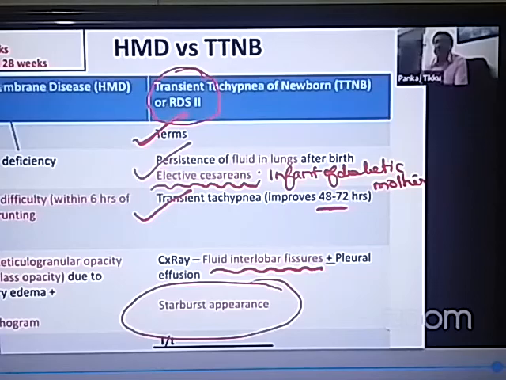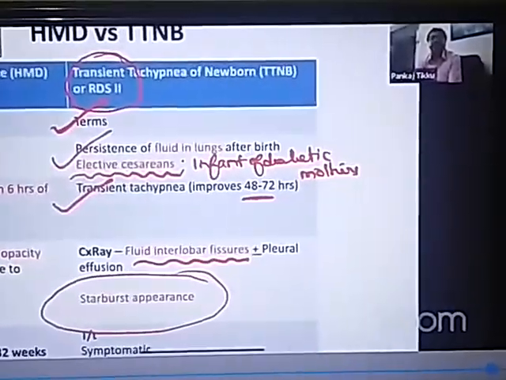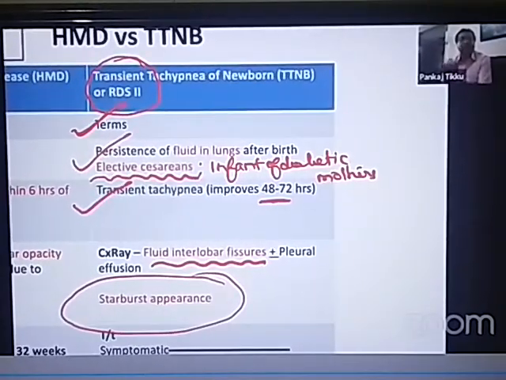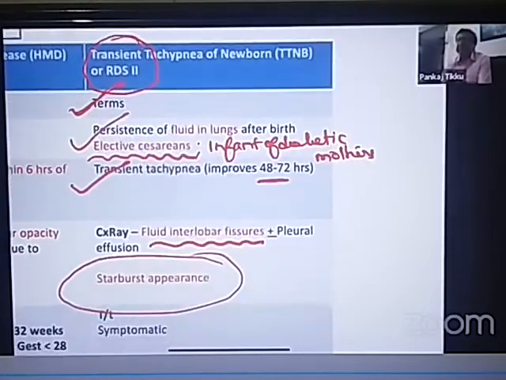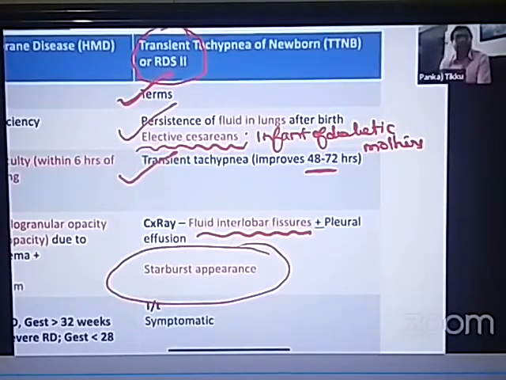So infants of diabetic mothers can have hyaline membrane disease and can also have transient tachypnea of the newborn. So TTNB is not only known to occur in children born by cesarean sections, it is also known to occur in children born to diabetic mothers. So TTNB: elective cesarean sections, children born by elective cesarean sections, and also children born to diabetic mothers.